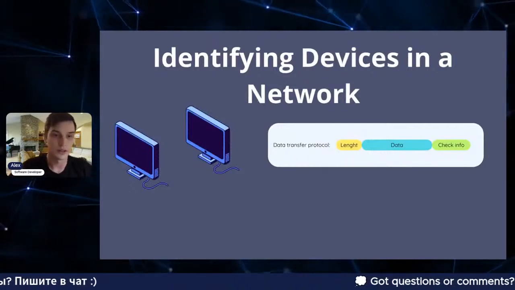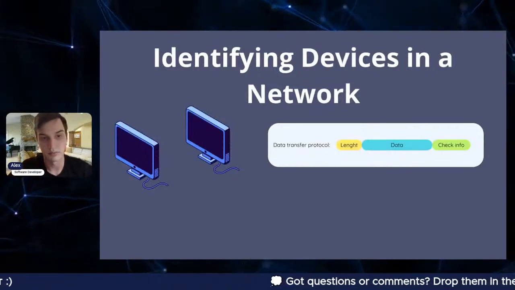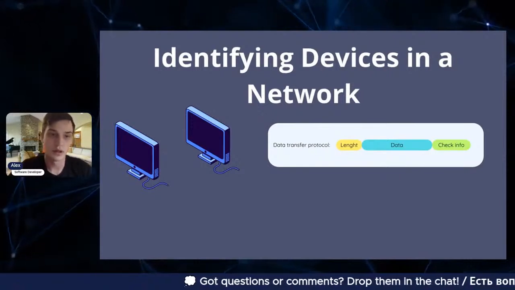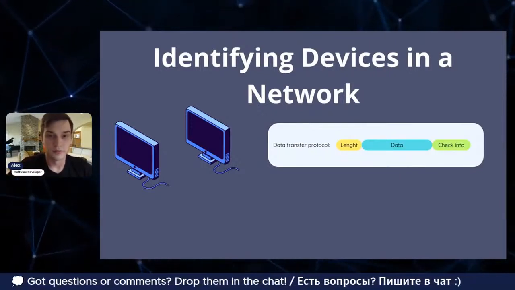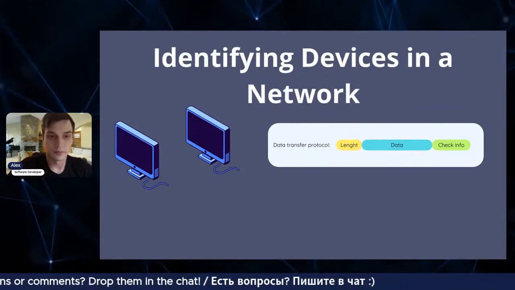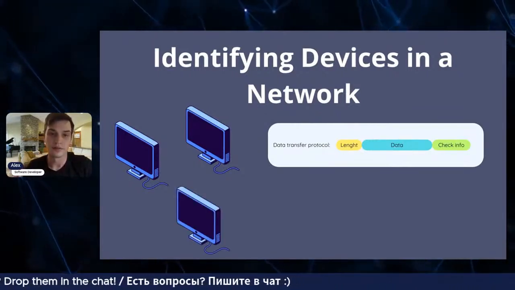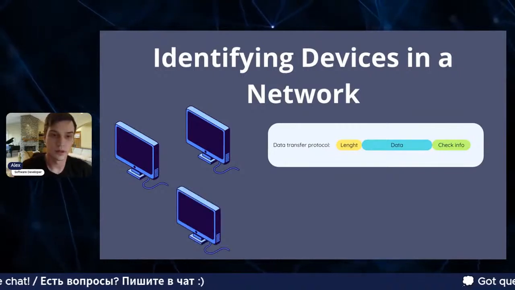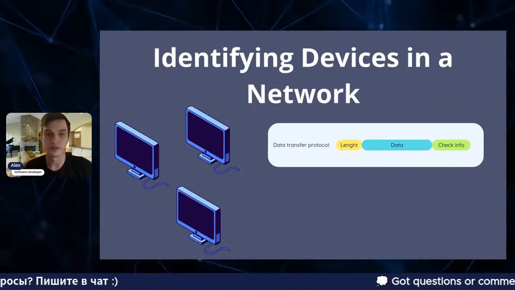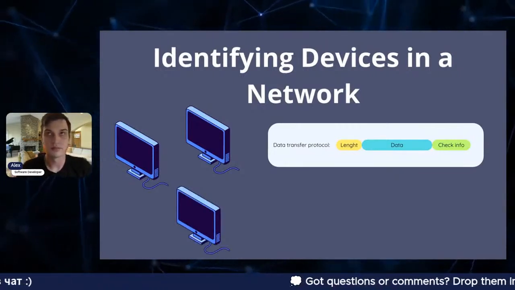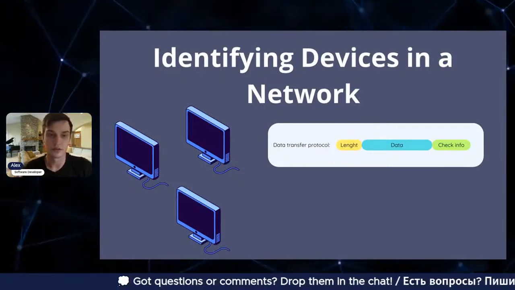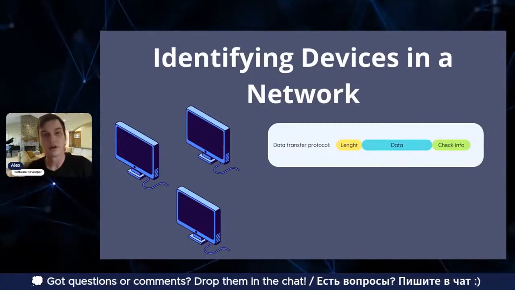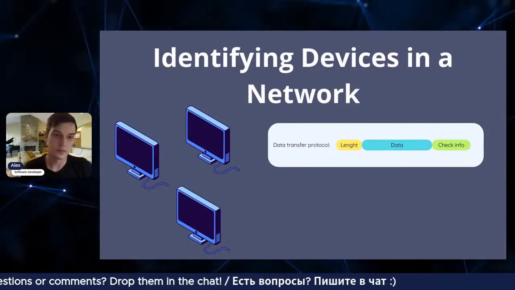Okay, now we have discussed how two CPUs, two computers, can communicate with each other, and they use a data transfer protocol. But what if there is a third computer? Let's imagine that each pin of their CPUs is connected to the pins of the CPUs of the other computers.